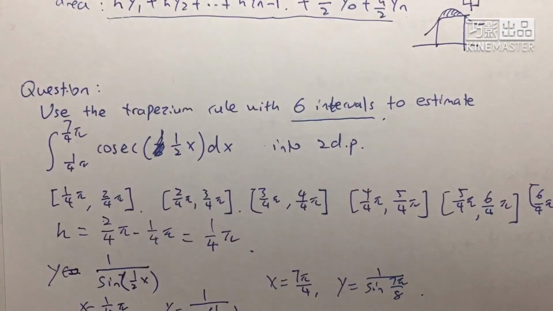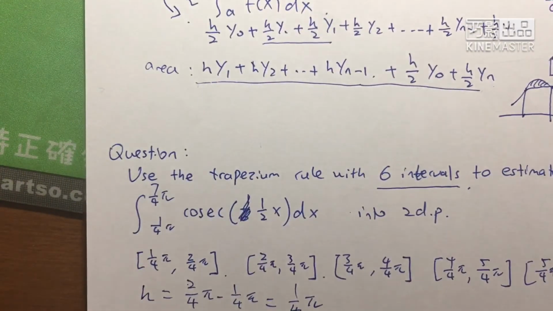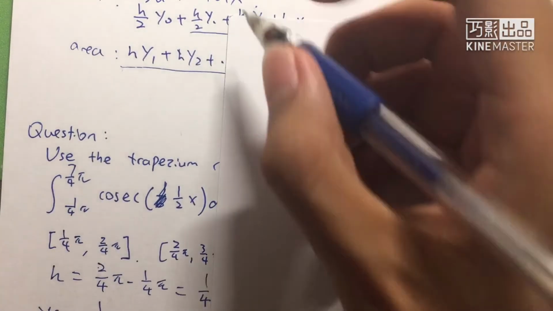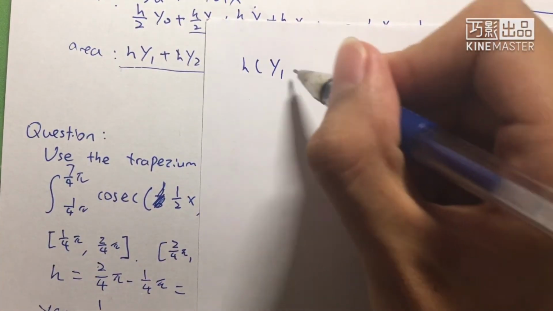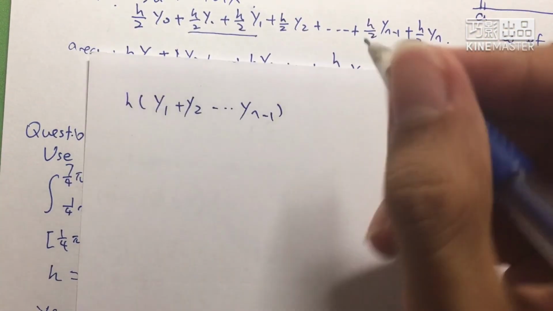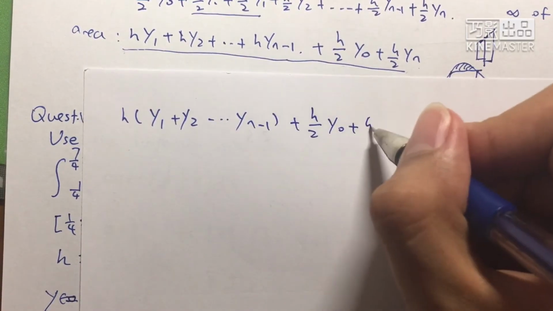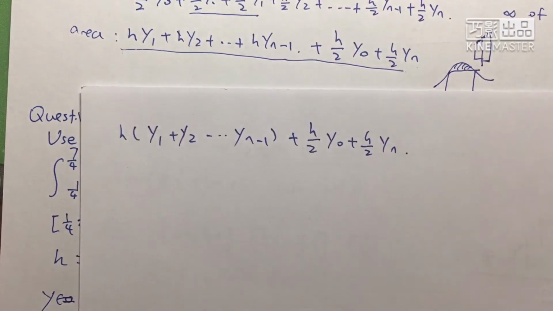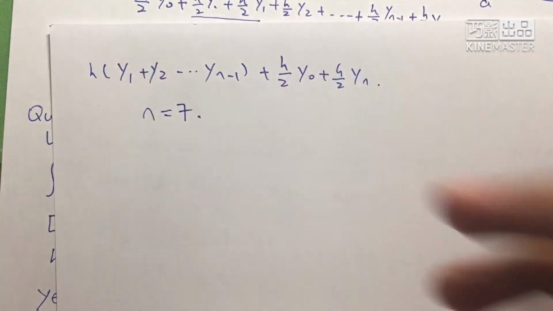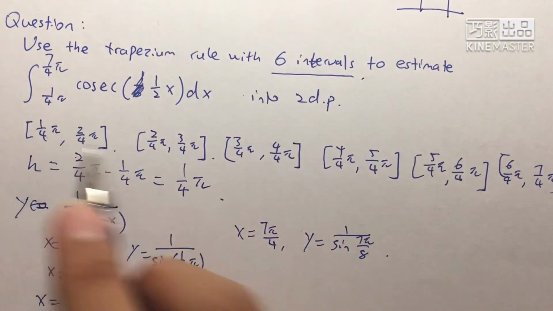So let's start a new page. The formula is h times (y1 plus y2 up to yn minus 1), and then plus h over 2 y0 plus h over 2 yn. And now for this case, our n is equal to 7 because there are 7 numbers here, 1 to 7.